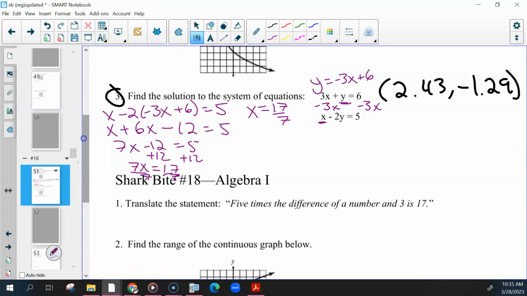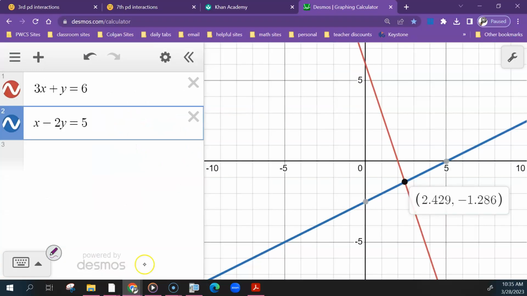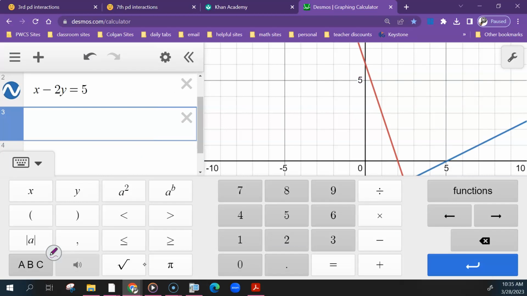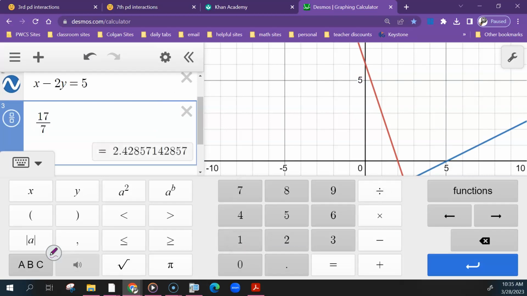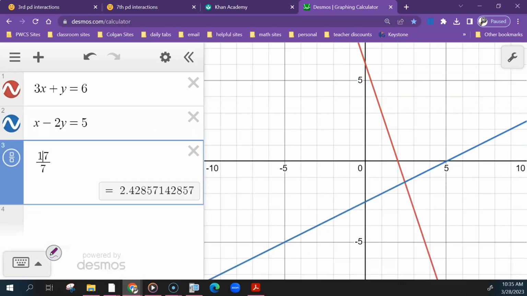So if you had graphed this, and then you did this by hand, you could put this in and it should match the decimal. So 2.42, it only showed me a few, but it is that number.